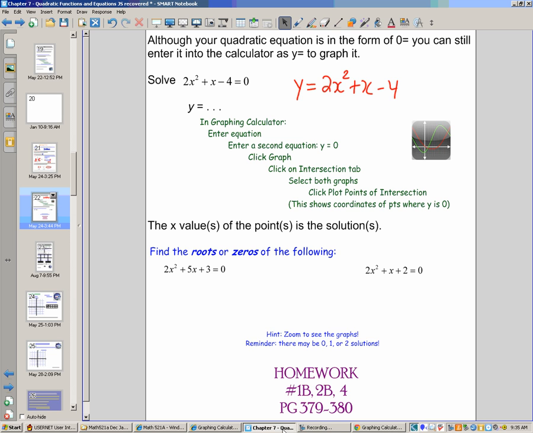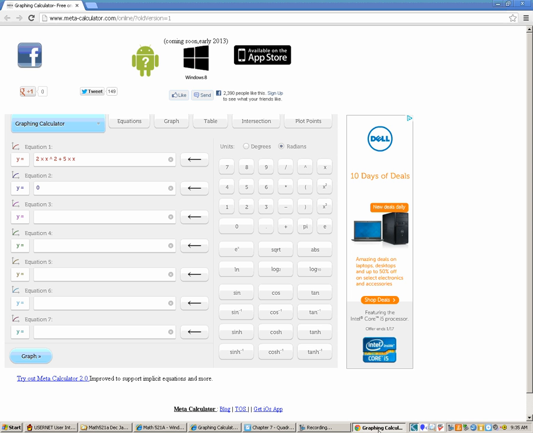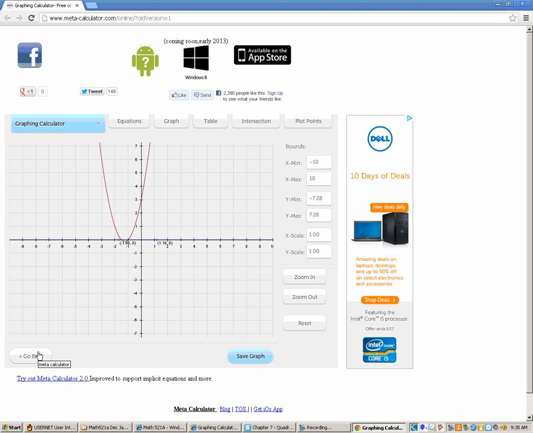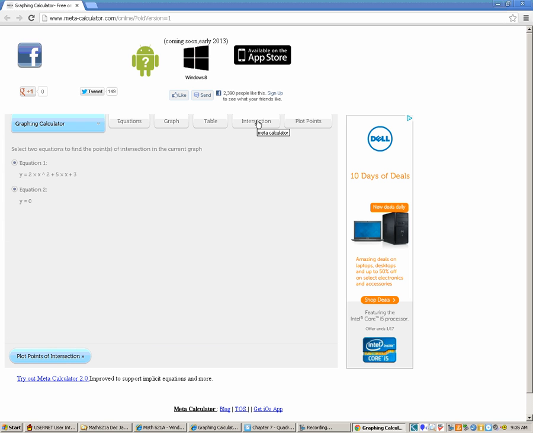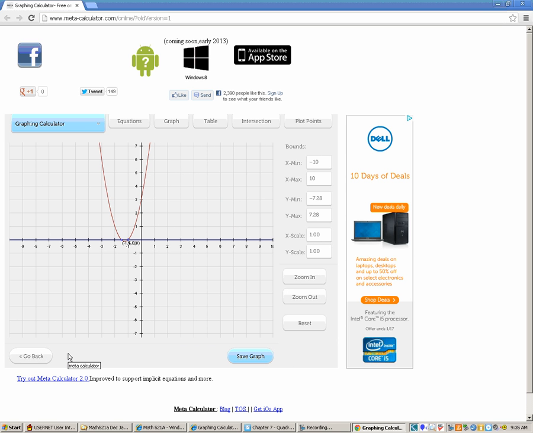Okay, and we still have y equals 0. So we'll graph. Okay, and now we're going to do intersection. And we click plot the points of intersection.